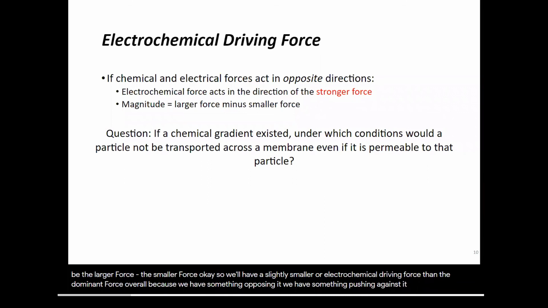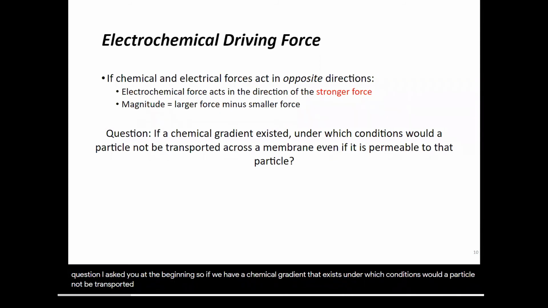Okay. This is similar to the question I asked you at the beginning. So if we have a chemical gradient that exists, under which conditions would a particle not be transported, even if the membrane is permeable to that particle?